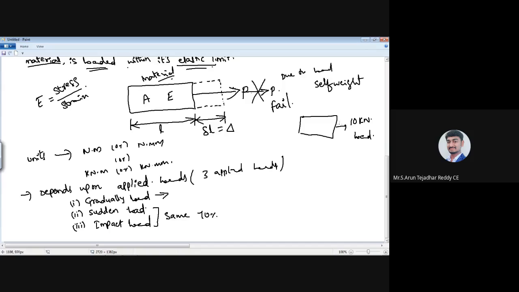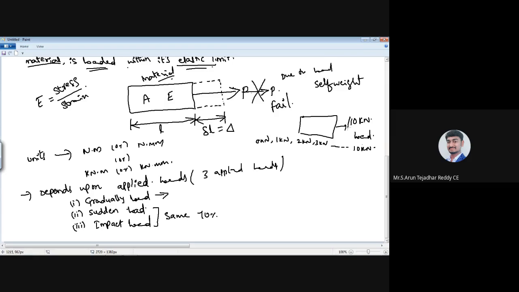It means totally 10 kilonewton required. First of all, I will be applying with 0 kilonewton onwards. After some time, I will apply 1 kilonewton load. After that, I will apply 2 kilonewton, 3 kilonewton up to 10 kilonewton.